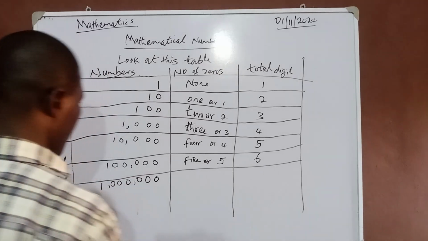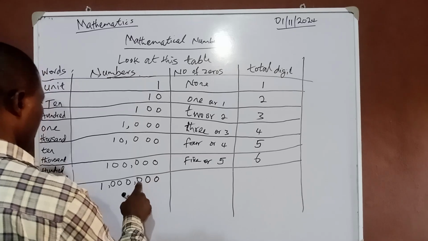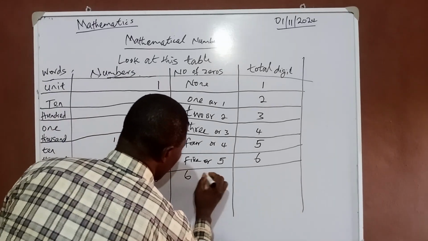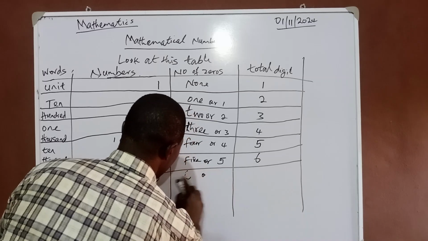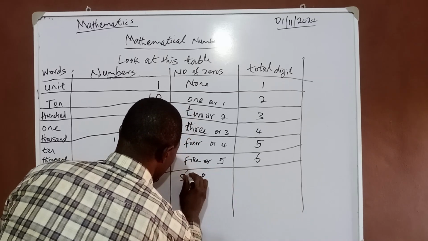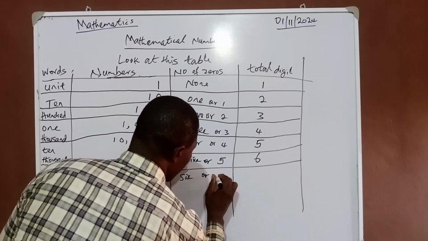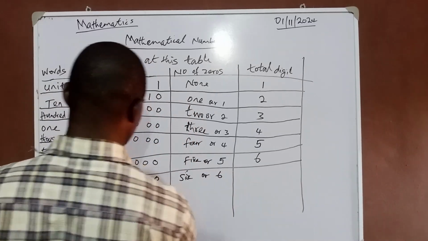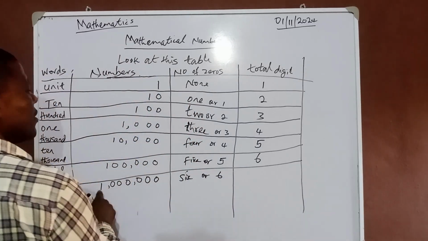How many zeros do we have here? 1, 2, 3, 4, 5, 6. We have 6 zeros. How many digits do you have here? 1, 2, 3, 4, 5, 6, 7.